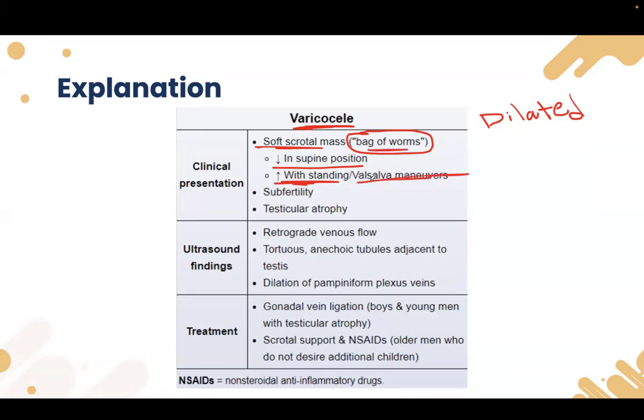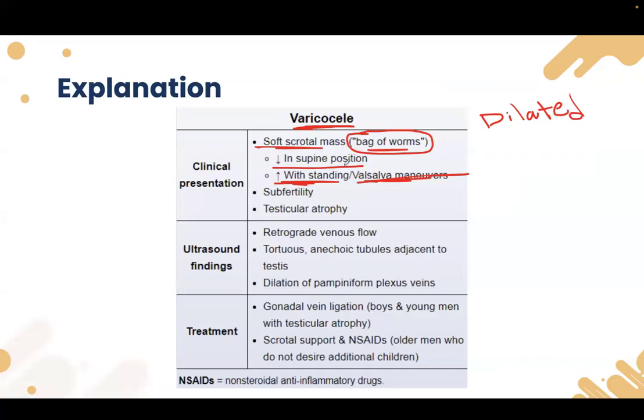Same with Valsalva maneuver, because you're increasing the intra-abdominal pressure, which causes compression on the veins and then pushing of the blood backwards into the pampiniform plexus, which would cause a larger pampiniform plexus and varicocele.